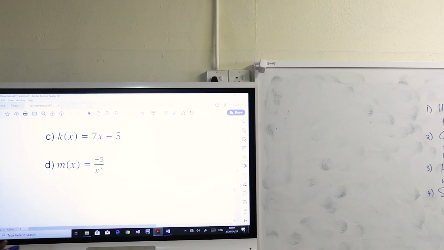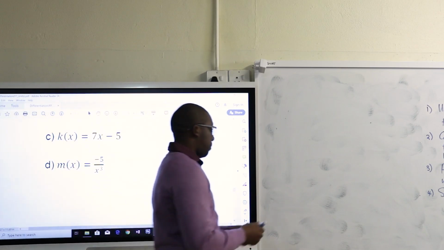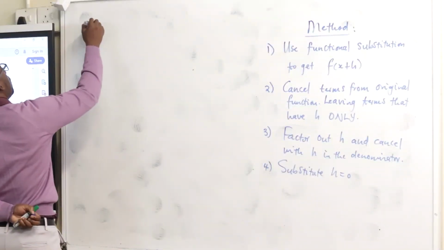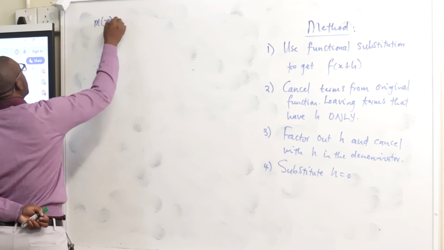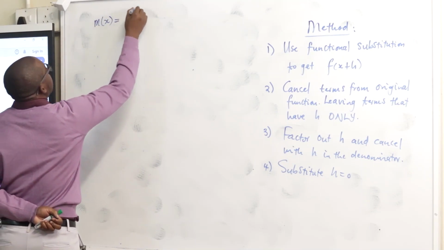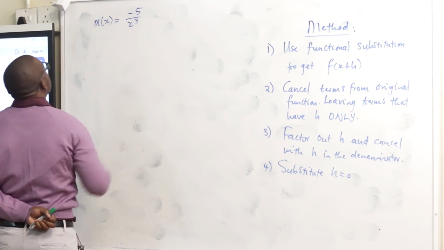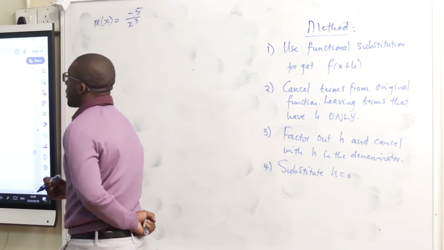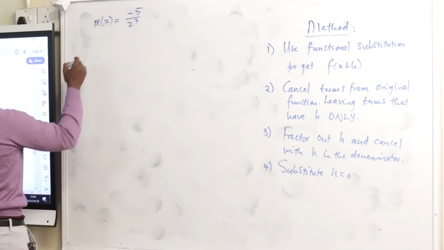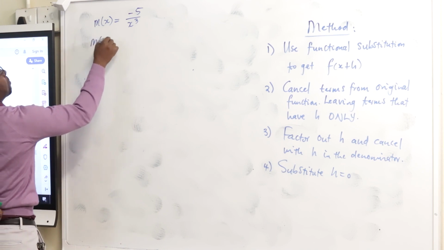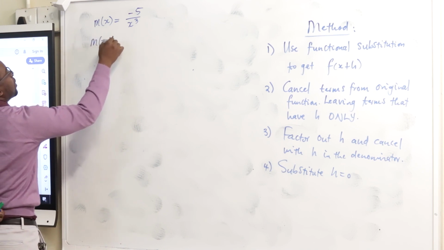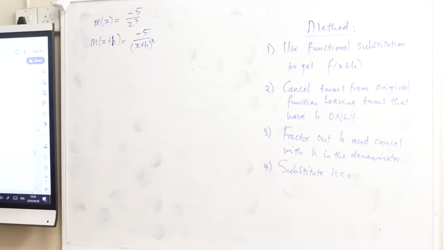The fractional. This is the tricky one. We have m of x is equal to minus 5 over x cubed. m of x plus h is equal to minus 5 over x plus h cubed.